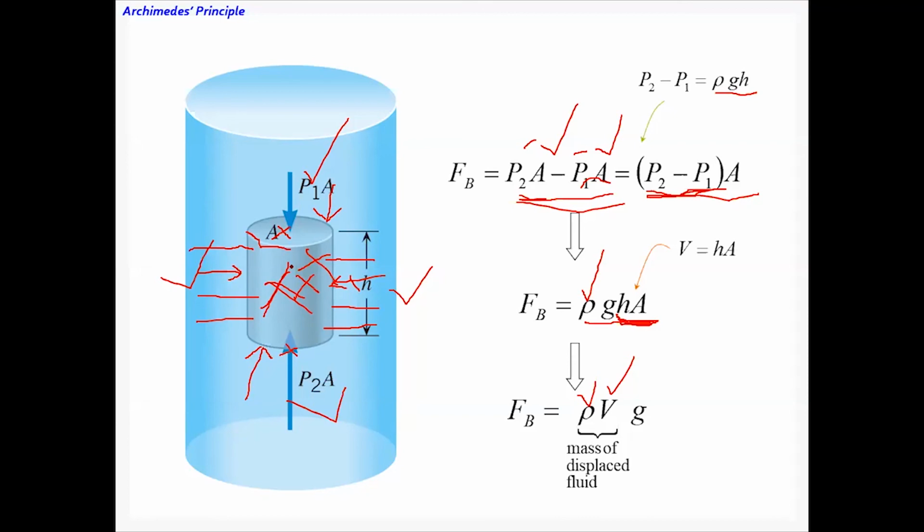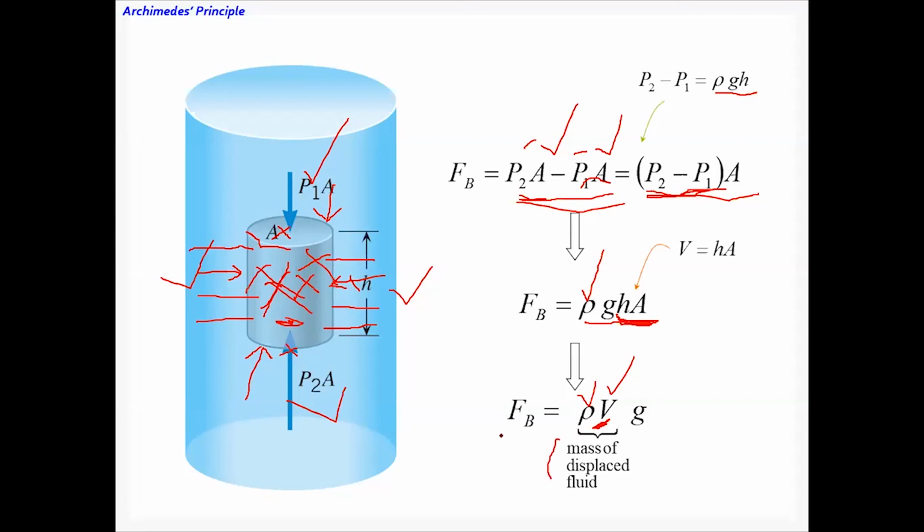Meaning the volume of this object is equal to the volume of the water displaced by it. Even though this is the volume of the solid object, it happens to be equal to the volume of the water displaced. That's why we can call rho times V the mass of the displaced water.